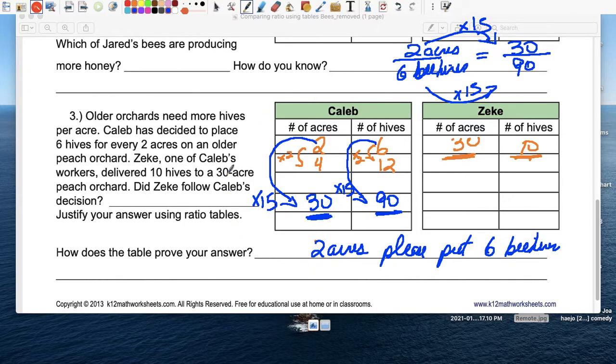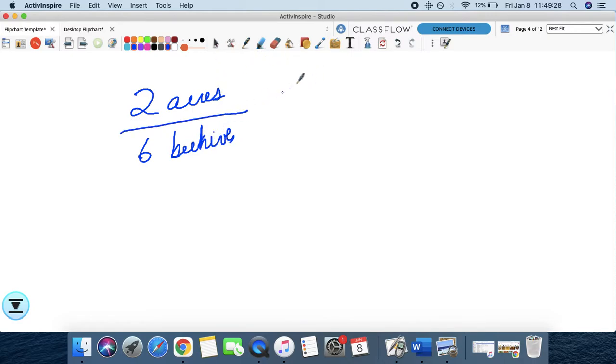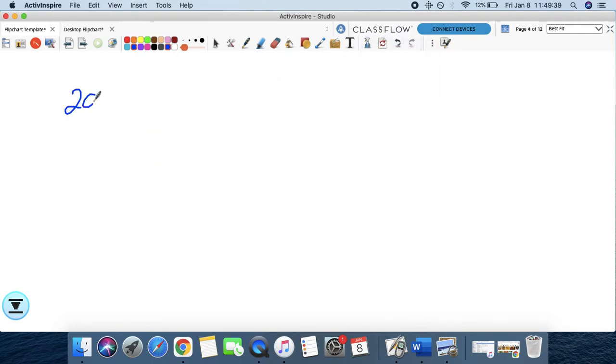Oh, you know what? I don't like how it looks. Let me see if I can. Okay, here. So 2 acres, we need 6 beehives. Right? Now let me write it like this: 2 acres, 6 beehives.